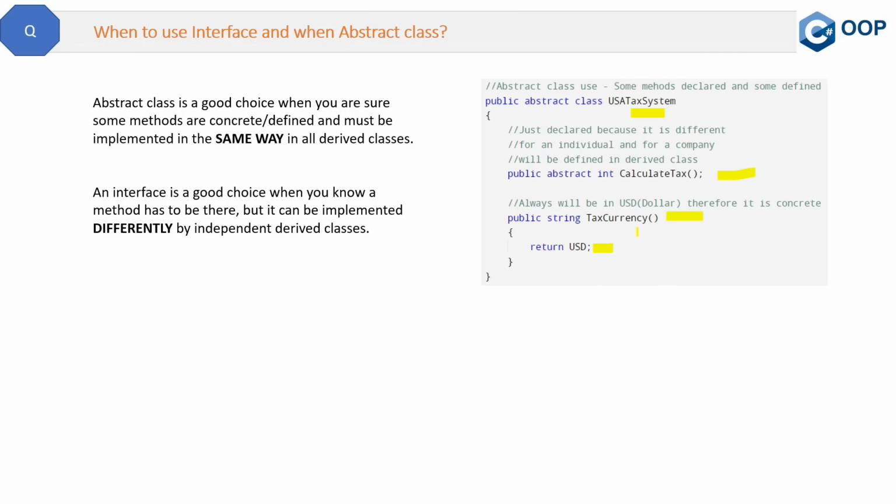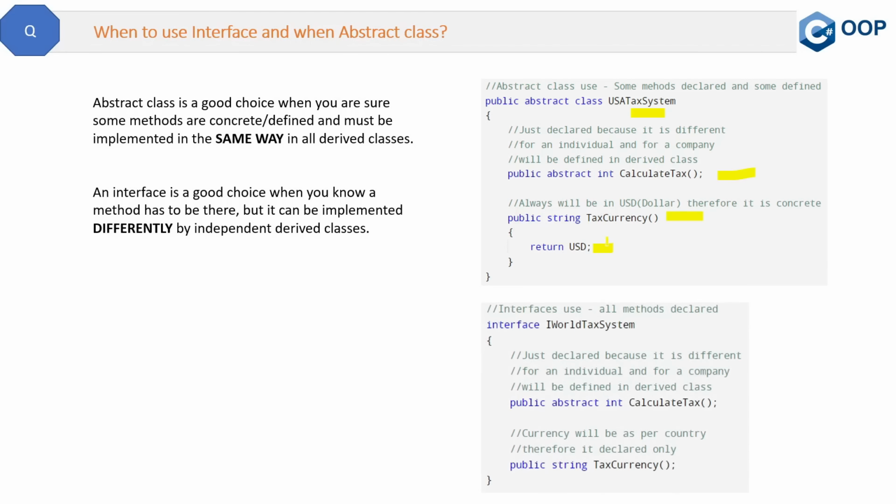Now let's see what is the use of interface then. Suppose you are creating a project for a world tax system. I know there is no such tax, but let's just assume it. Then you will create a world tax system interface and you will create two methods which are declared only. Calculate tax, the reason is the same as that of the abstract class.